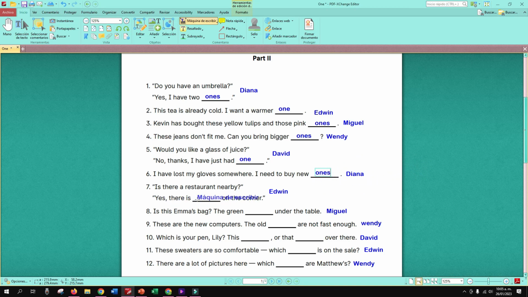Excellent. What about this one, Edwin? Number 7. Is there a restaurant nearby? Yes, there is one on the corner. One, right? You're talking about one restaurant, right? So one on the corner. Perfect. Mr. Miguel, 8.